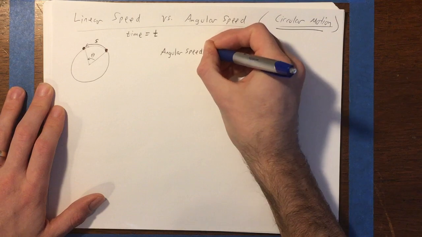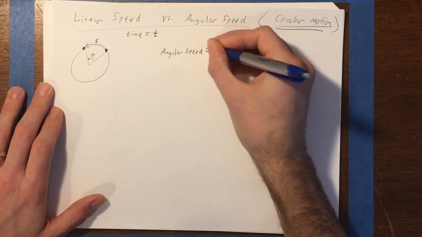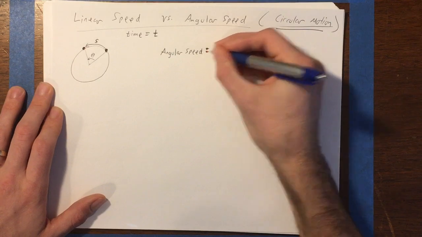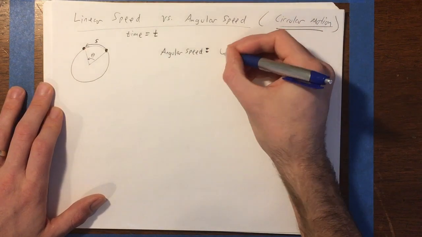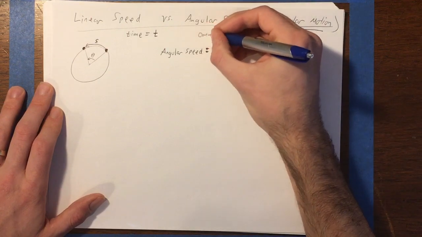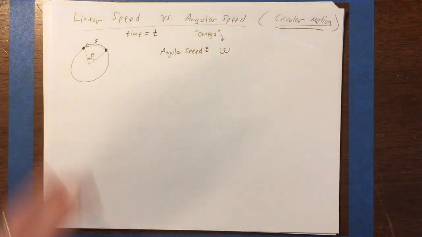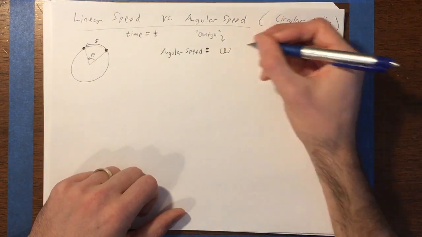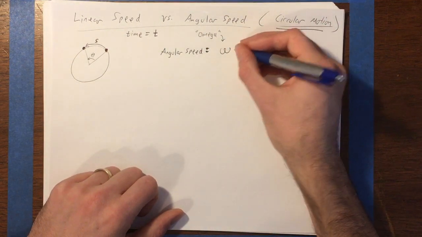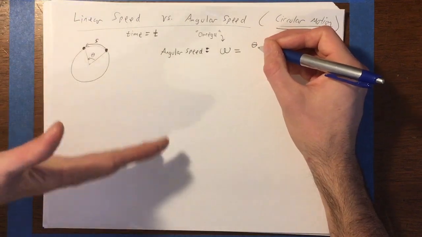Angular speed, or angular velocity sometimes, especially in a physics class, is represented by the Greek letter omega, which basically looks like a curly W. That's an omega.